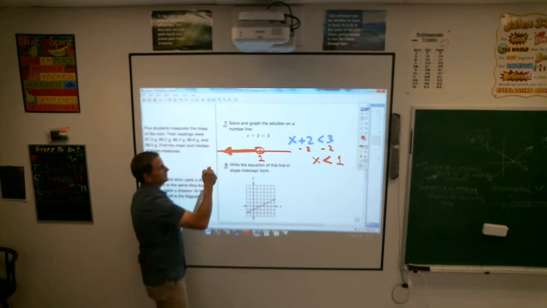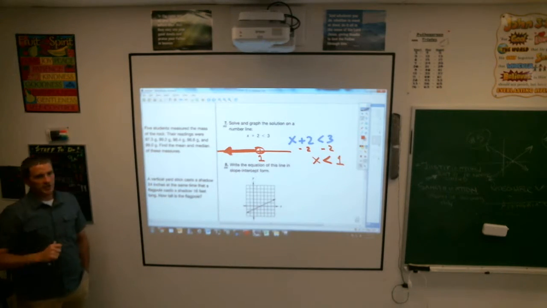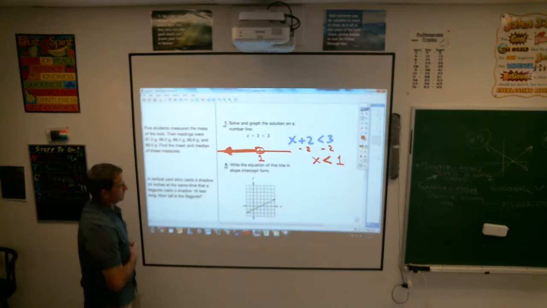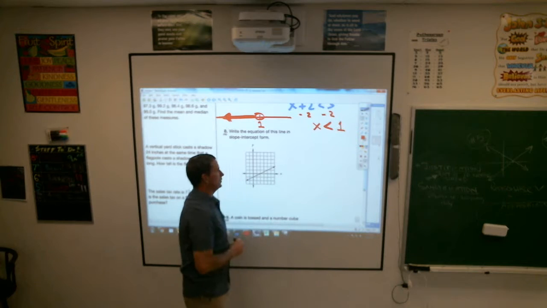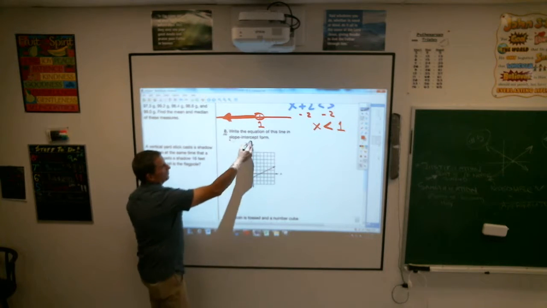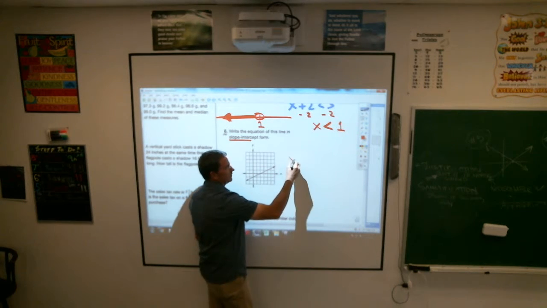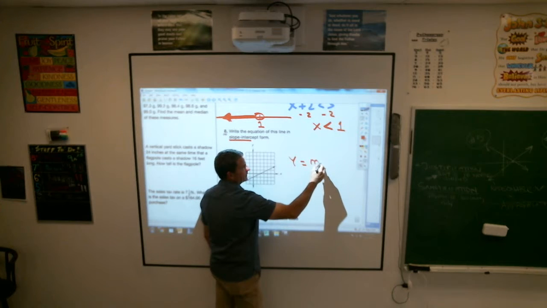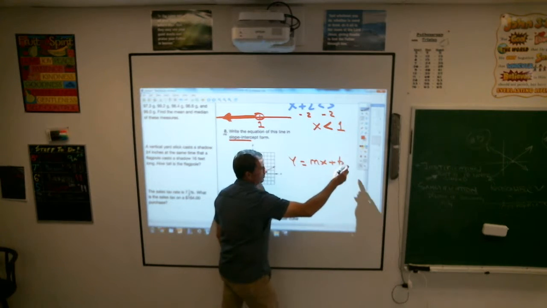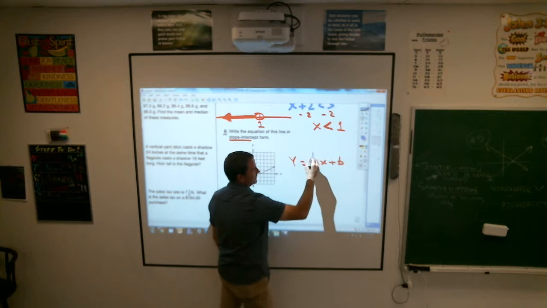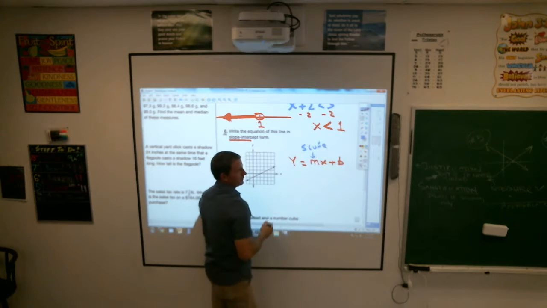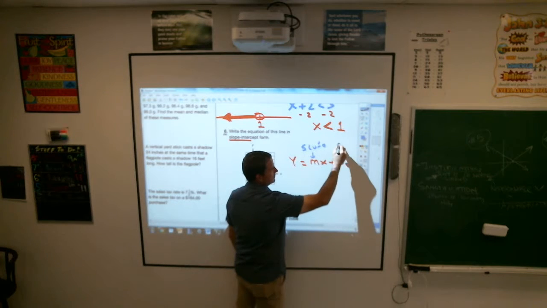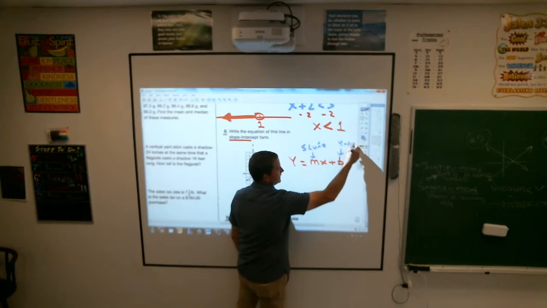Asked and answered. Forging ahead, time is wasting here. Jason? 8. Perfect. Again, a quick little review. The generic form in slope-intercept is y equals mx plus b, where the letter m is the slope of the line, and the letter b is where it crosses the y-axis.